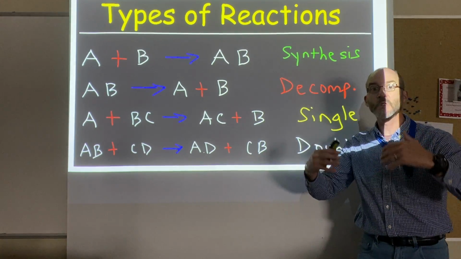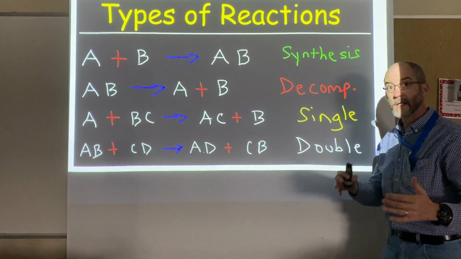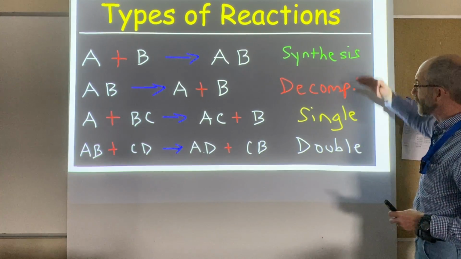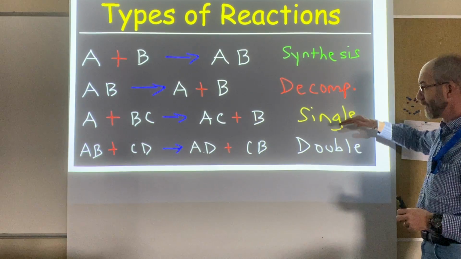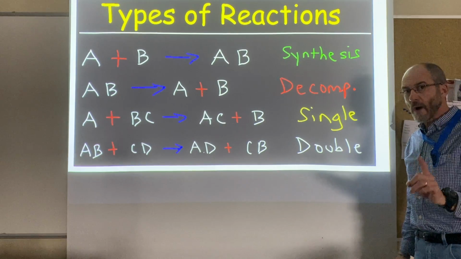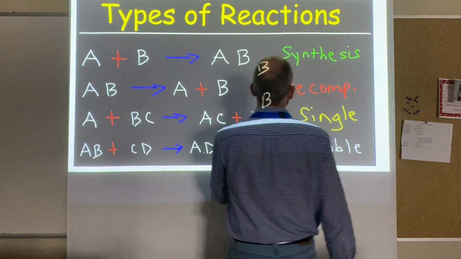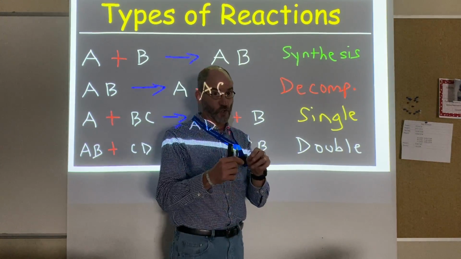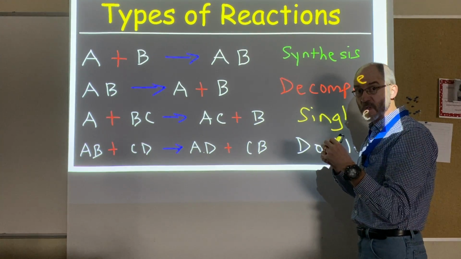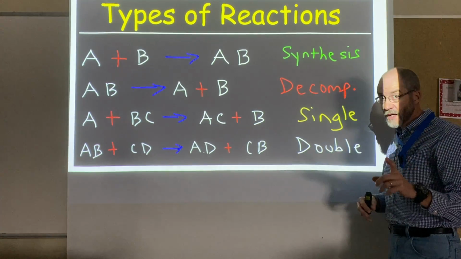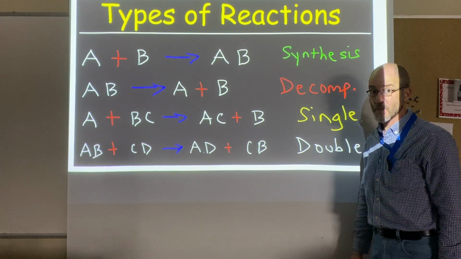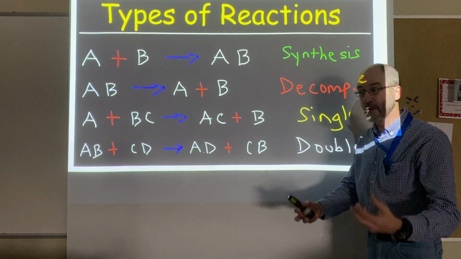What happens overall in each of these reactions? Now you'll notice, however, that on this particular slide I only have 4 of them, and you said we were going to talk about 5. The reason why, I'm going to tell you right now, is that synthesis and combustion are in many ways the same, except, obviously, if something combusts, it burns, and it gives off heat, and it gives off light.